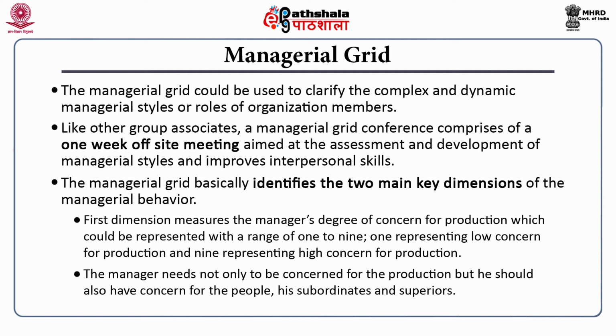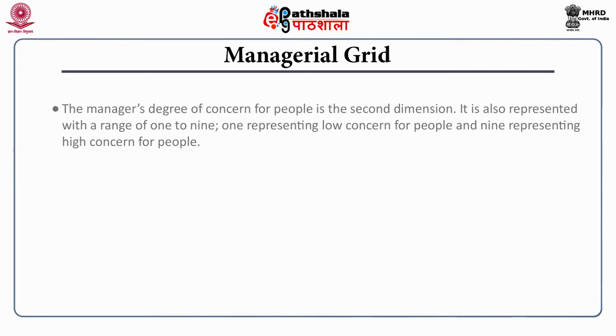The manager needs not only to be concerned for production, but he should also have concern for people, his subordinates and superiors. The manager's degree of concern for people is the second dimension. It is also represented with a range of 1 to 9, 1 representing low concern for people and 9 representing high concern for people.